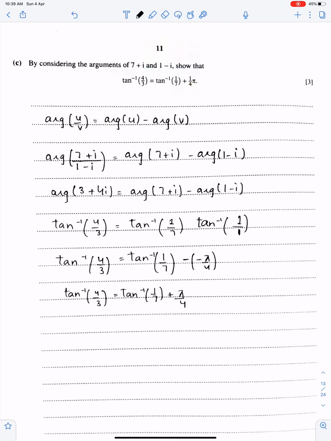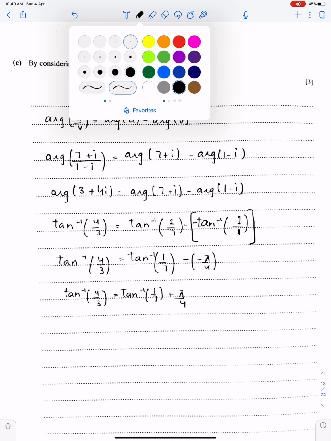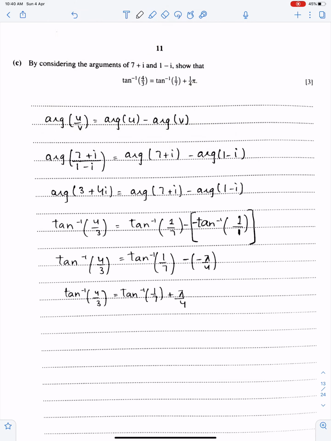If you are working for alpha, you need to write this as such, because this is in the fourth quadrant. So in the fourth quadrant, argument is minus tan inverse y upon x. Y is 1 and x is 1. So this will become pi by 4. Tan inverse 1 is pi by 4.